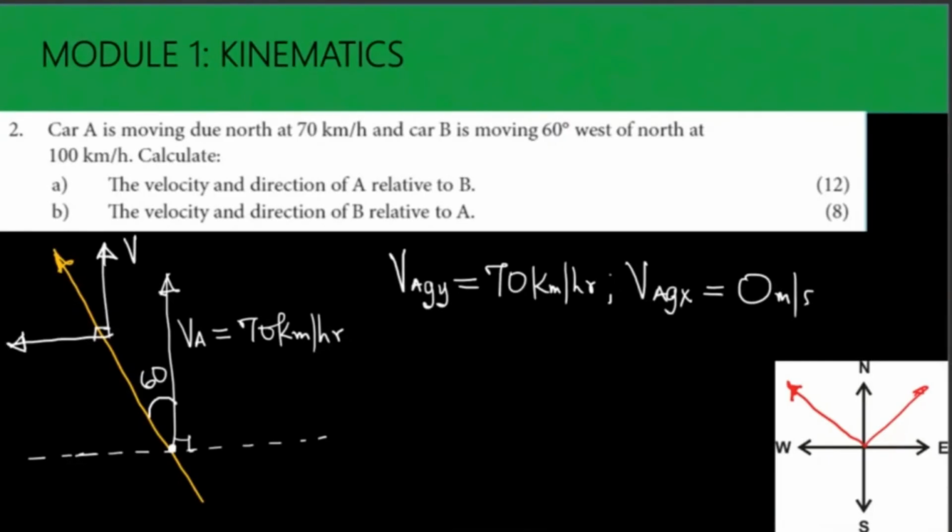The velocity of B is going to be VB sine of theta, and then this is going to be VB cos theta degrees.